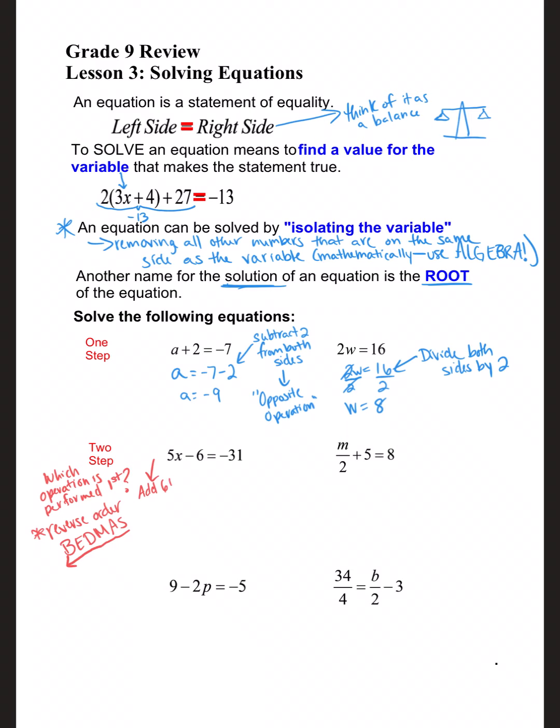So we're going to add 6 to both sides, and then we're going to divide by 5.